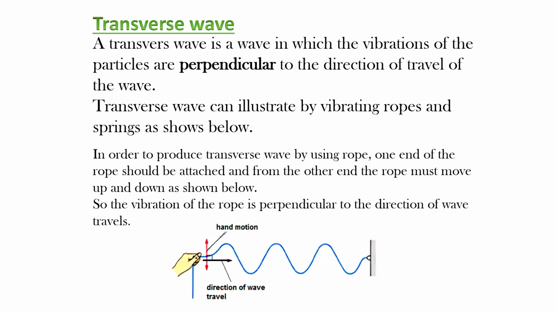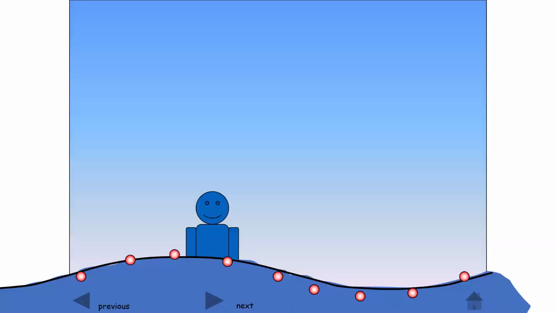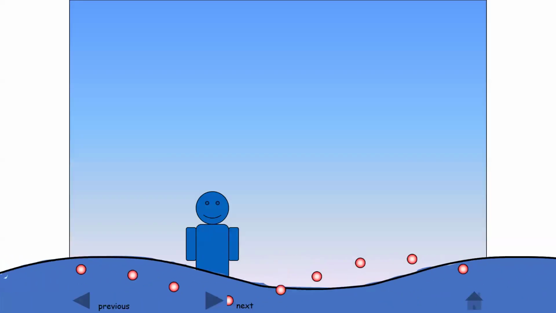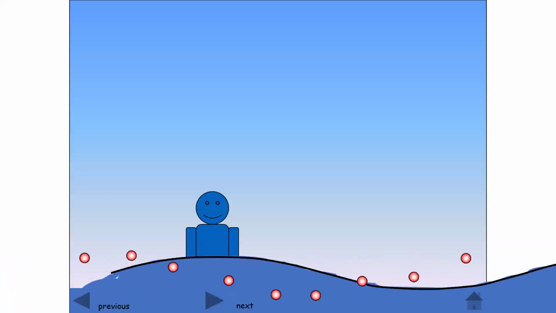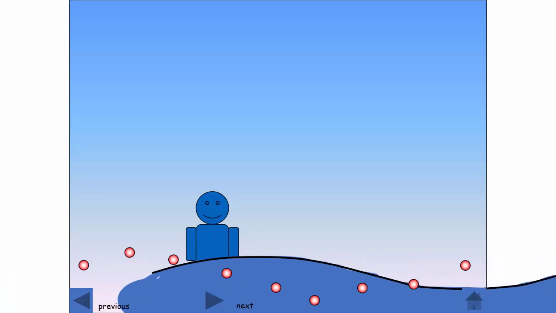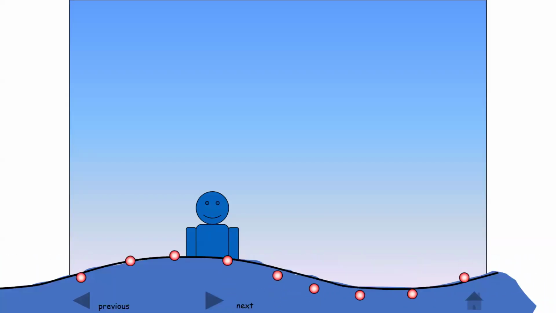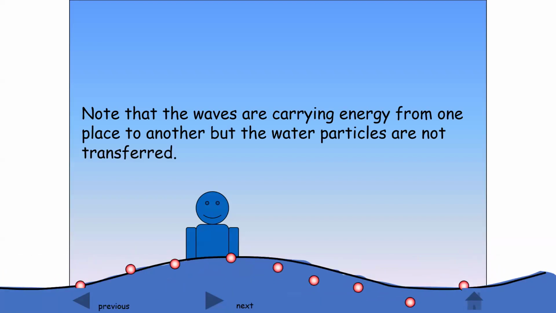So we have the transverse, in which the vibration is perpendicular. As you can see here, the movement of the particles and the direction in which the wave travels are both at 90 degrees. So we call that a perpendicular or transverse wave.